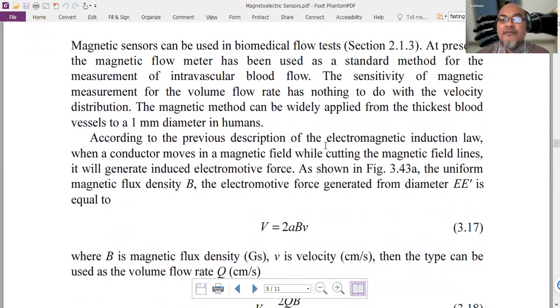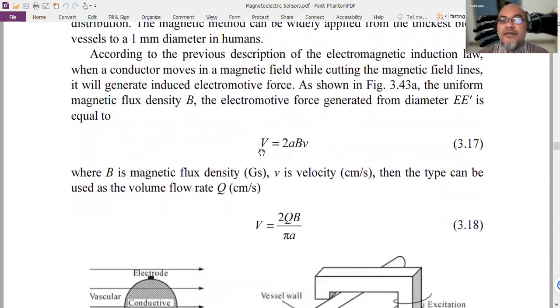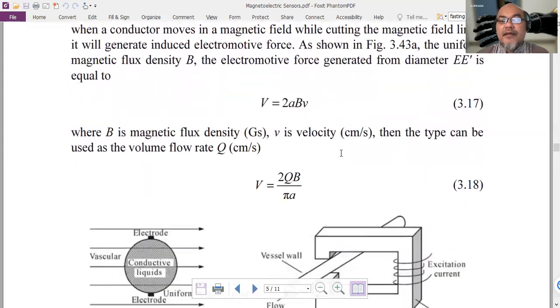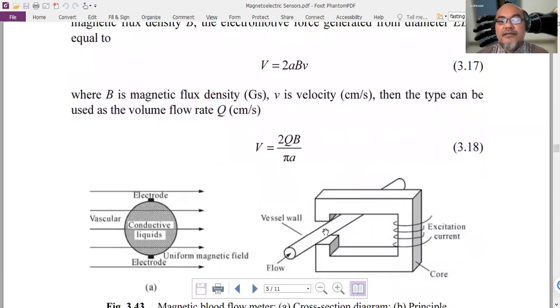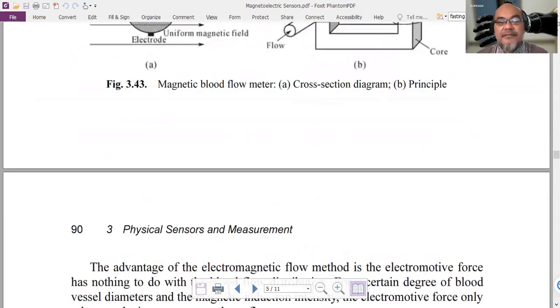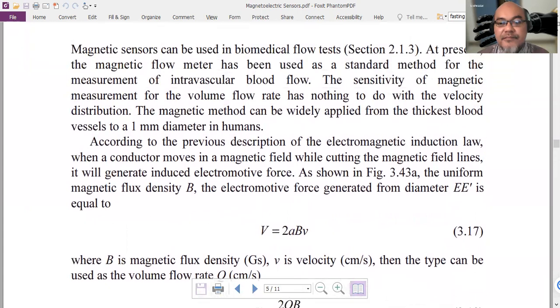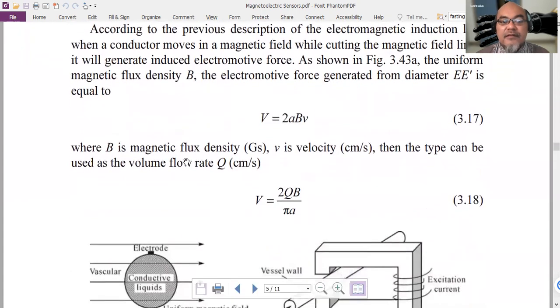Then the generated electromotive force can be calculated here as V equals 2 times A times B times V. A here, I think, is the diameter or the cross-sectional area, where B is the magnetic flux density and V is the velocity.